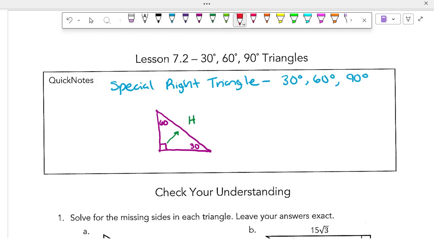Your short leg is always across from the 30-degree angle, and your long leg is always going to be across from your 60-degree angle. So if you ever have a special right triangle, a 30, 60, 90, that's how you should start. Now, your short leg, we're just going to call A.